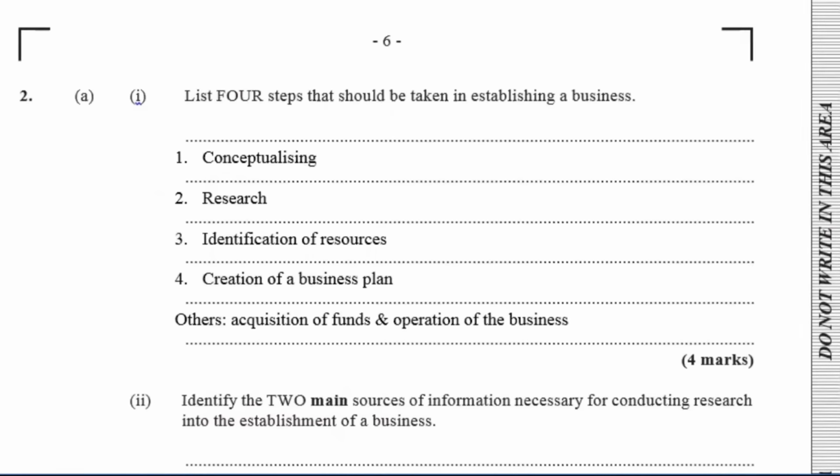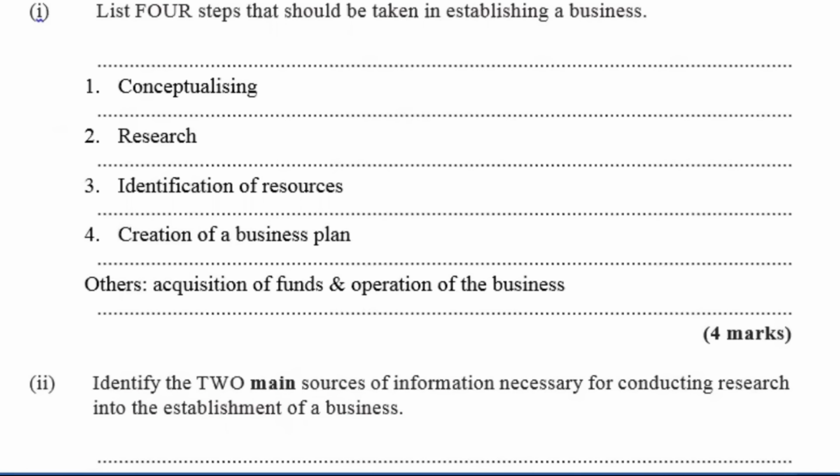The next question, identify the two main sources of information necessary for conducting research into the establishment of a business. Two main sources. How will a business go about collecting data, or as is on here, get information?